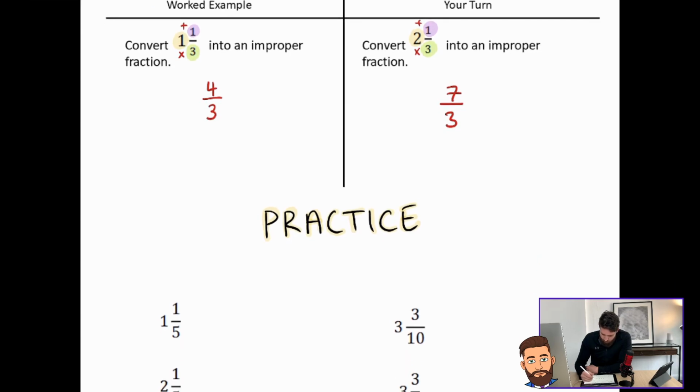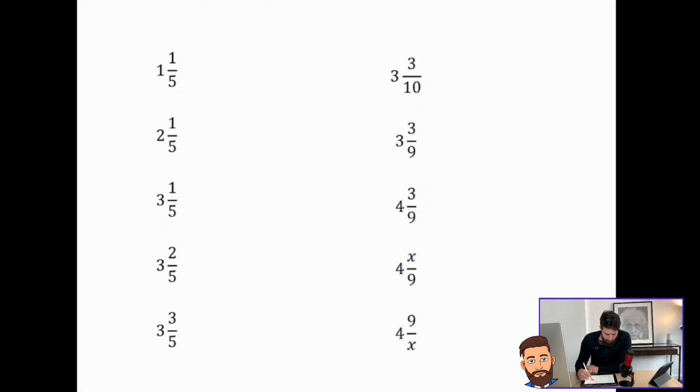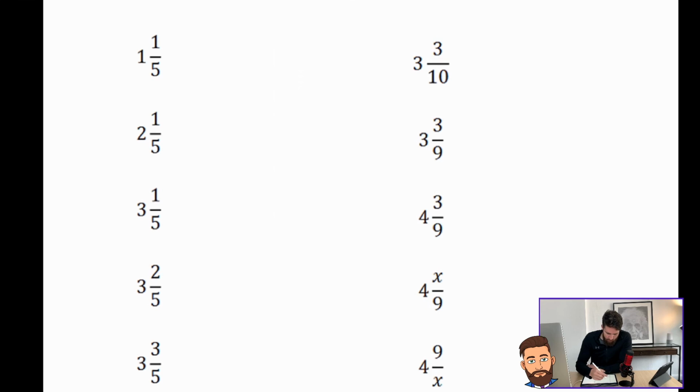And that's it. All you do, the denominator stays the same, and you take the denominator, times it by the whole number, and add the numerator. That's the quick method to get a mixed number into a top heavy. So there's some questions for you to practice. My advice for you would be just fill in.